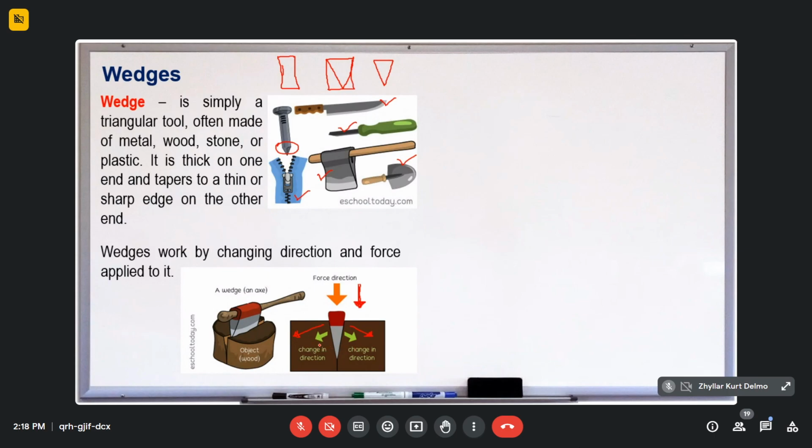Here we harness the triangular shape of the axe to cut this wood into two equal parts. And where is the friction here, sir?